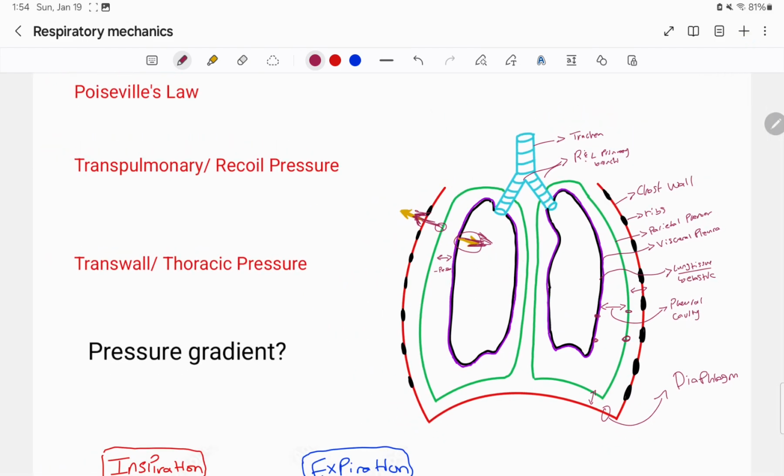Key takeaways here is the anatomy and that the lung, in and of its own accord, always wants to recoil back to the smallest size possible because it's elastic, and the chest wall wants to go outward. The interplay between these guys pulls the pleura apart slightly, ever so slightly, to create that pleural space, and because of that, the space is negative, okay?